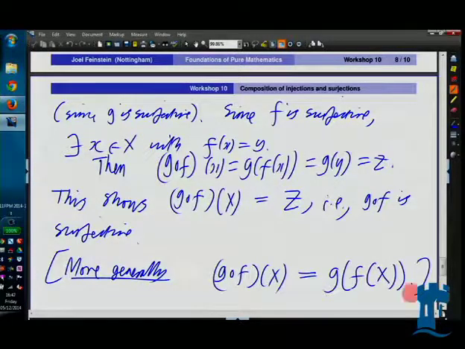So you might have said, well, obviously g composed with f of x is g of f of x, f of x is y, so this is g of y, which is z, and you're finished. But I think that's not completely clear that that's a convincing proof. If you think about it, you can prove that g composed with f of x is g of f of x, but I think that could do with two lines, just to make sure, because it's a different kind of way these functions interact, it's worth thinking about anyway.